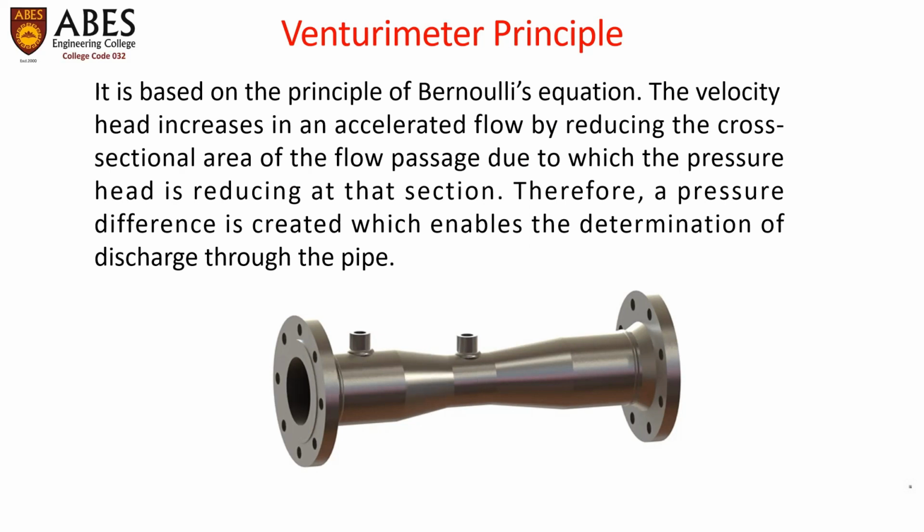Now after that, a pressure difference is created, which enables the determination of discharge through the pipe. Basically, the pipe is connected, and the pressure difference is created between the inlet side and the throat side, because after the converging portion, the throat has a fixed or constant area, and you get a pressure which varies from the inlet side.